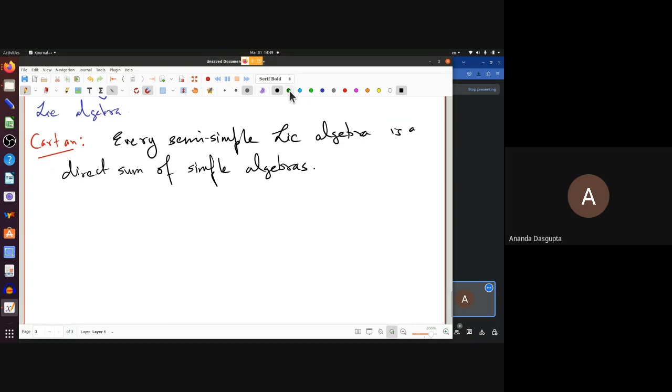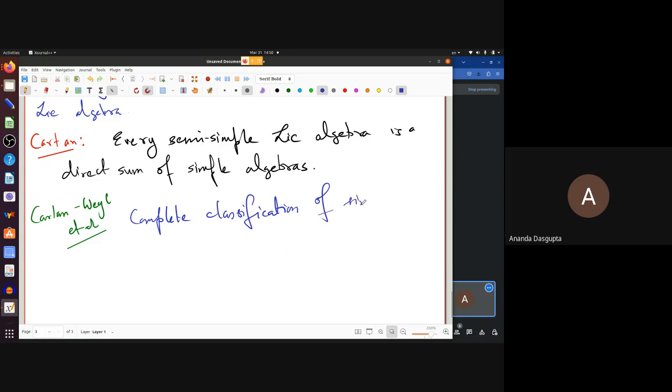And again, the work of Cartan, Weyl, and others tells us we have a complete classification. This classification is based basically on some commutator-like arguments, which essentially is the kind of arguments you have actually used a lot of times in quantum mechanics.